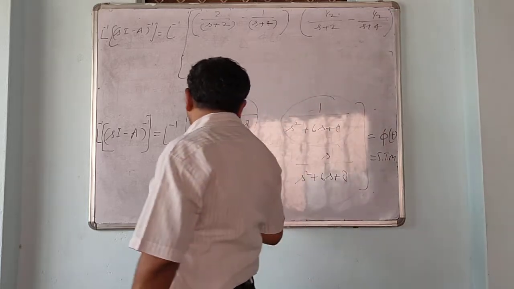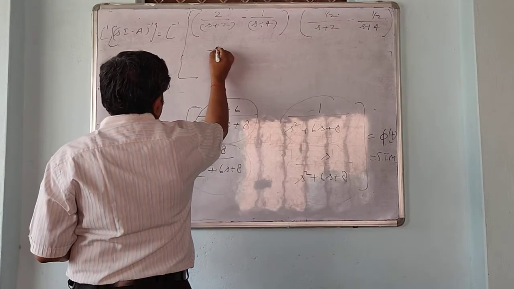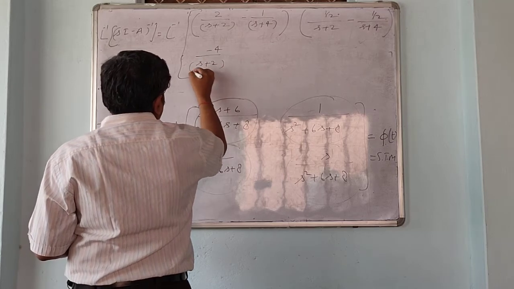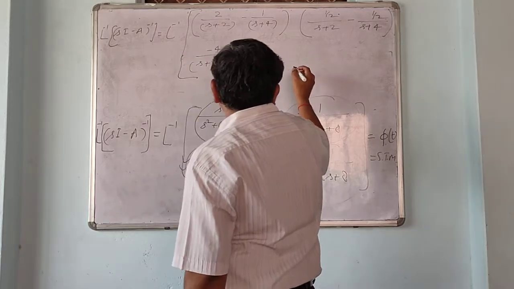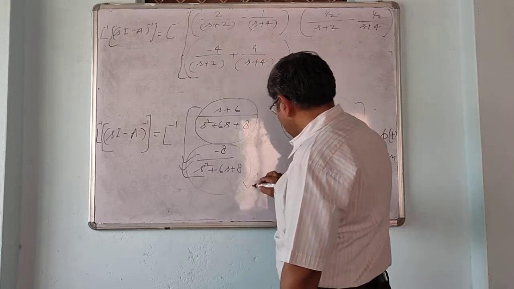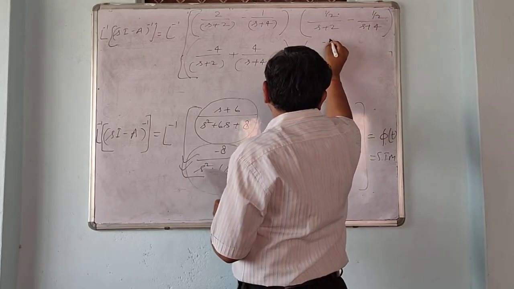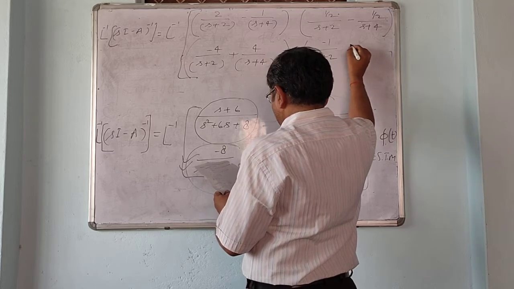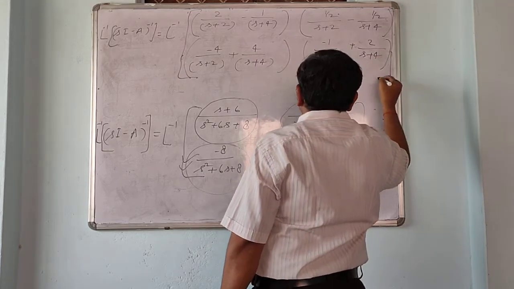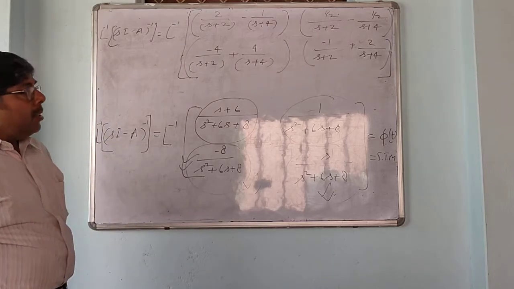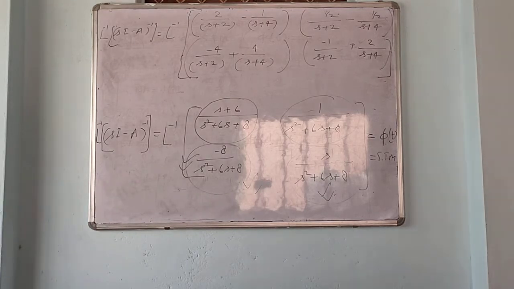For the third term, after partial fraction, this is minus 4 upon s plus 2 plus 4 upon s plus 4. And for the last term, minus 1 upon s plus 2 plus 2 upon s plus 4. So after partial fraction we get all these terms, and from here we can take the Laplace inverse.